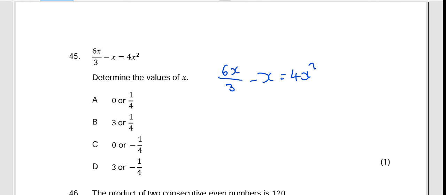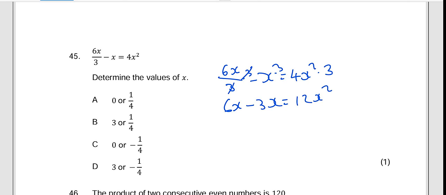One thing we're going to do here, guys, we're going to get rid of this 3. I'm going to multiply both sides by 3. This 3 and 3 will cancel, and I'll be left with 6x. 3 times x is going to give me 3x. 3 times 4 is going to give me 12x squared.